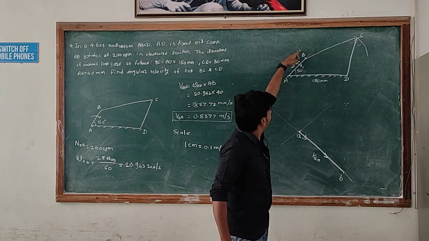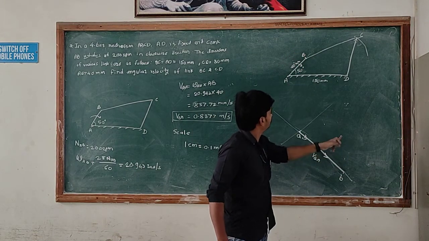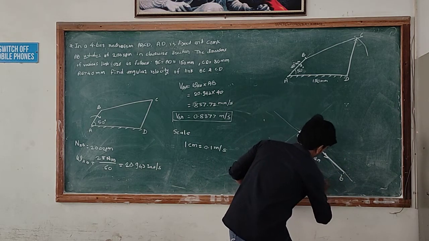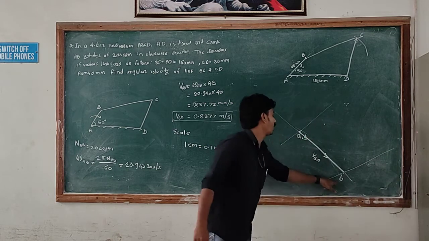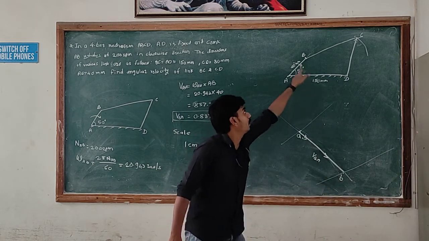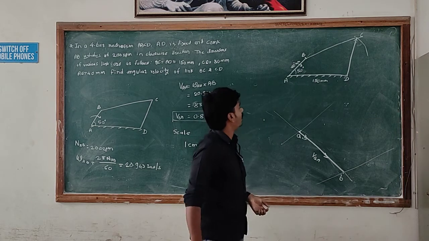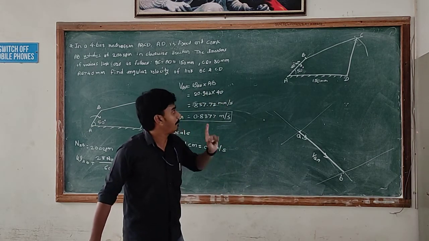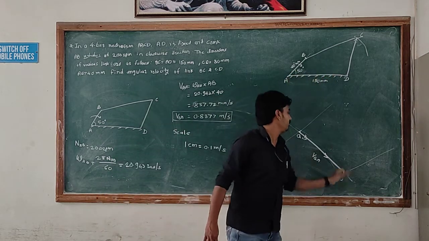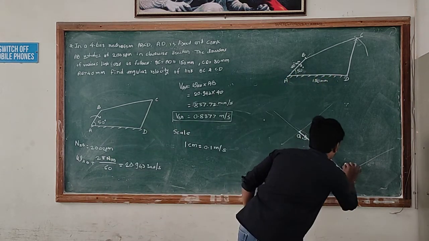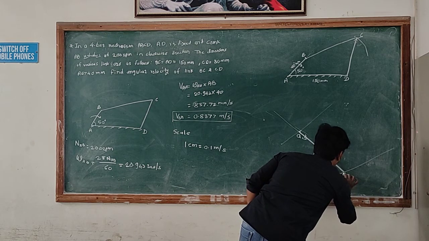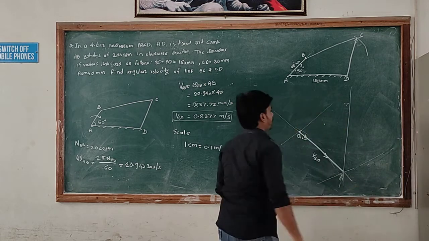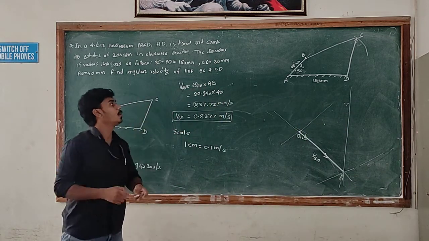First of all, we will draw one parallel line passing through B and parallel to BC. Okay, and then we will draw a perpendicular line to this BC which is passing through B. So this is the perpendicular line to BC.